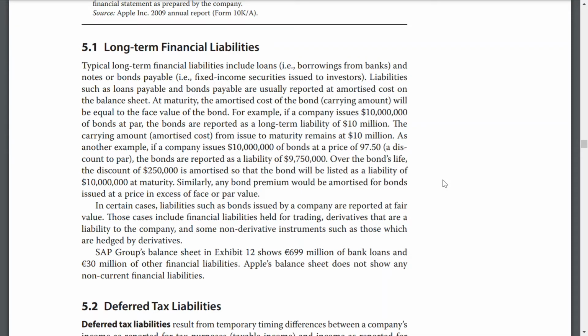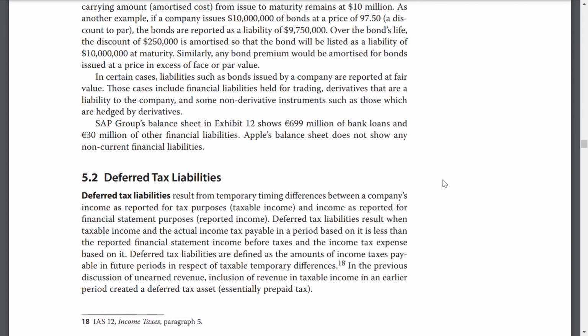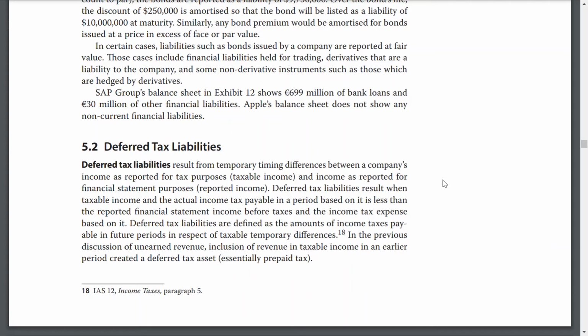Similarly, any bond premium would be amortized for bonds issued at a price in excess of the par value. In some cases, liabilities such as bonds issued by a company are reported at fair value. These cases include financial liabilities held for trading, derivatives that are a liability to the company, and some non-derivative instruments such as those which are hedged by derivatives.